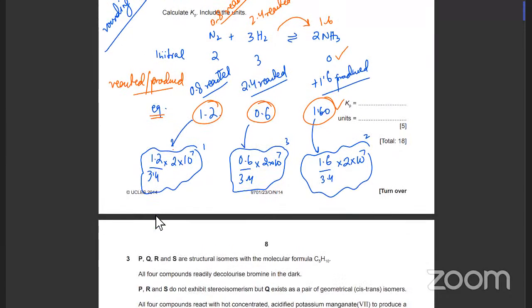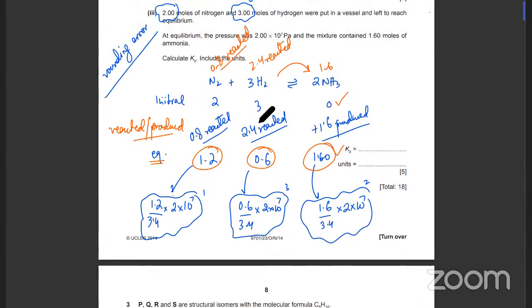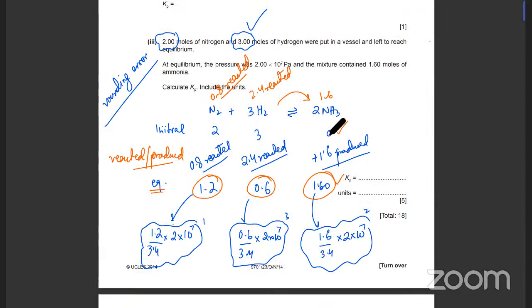Wait, sir, how did you get 1.2 and 0.6? See, is this clear that the question stated that initially you had 0 moles of NH3? They didn't mention any NH3 in the container. So you had 0 moles.